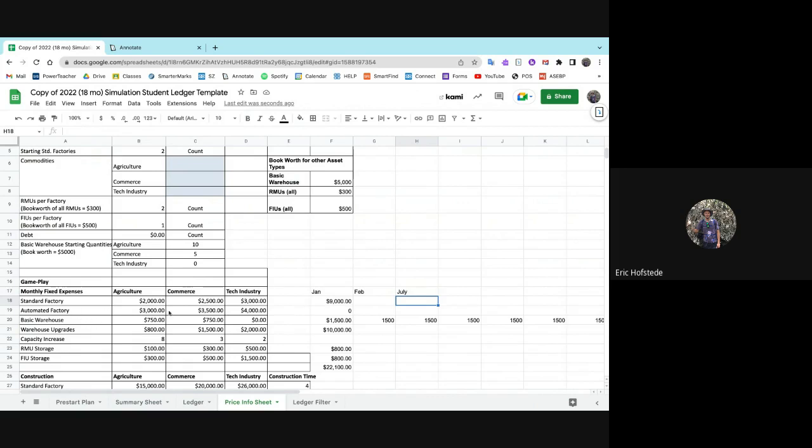Then our auto factories, I need to pay my 3,000 times 2. So I have 2 of these, $3,000 times 2 factories is 6,000, and I have my regular basic warehouse. And if I didn't get any more upgrades, I just go through here, and maybe I've got no leftovers.